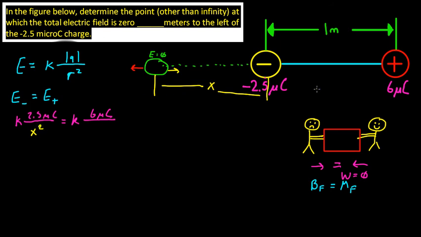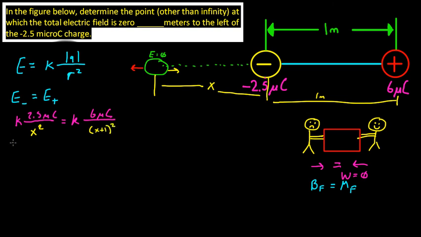We know the distance from this 6 microcoulomb charge to this 2.5 charge is 1 meter, and from the negative 2.5 microcoulomb charge to this mystery point is x. So for the other distance, it's going to be x plus 1 meter, so we're going to say x plus 1 squared.